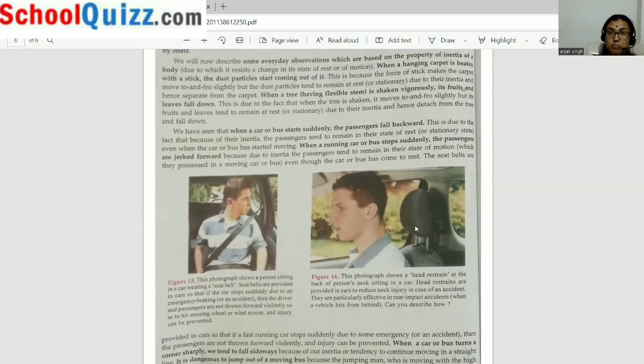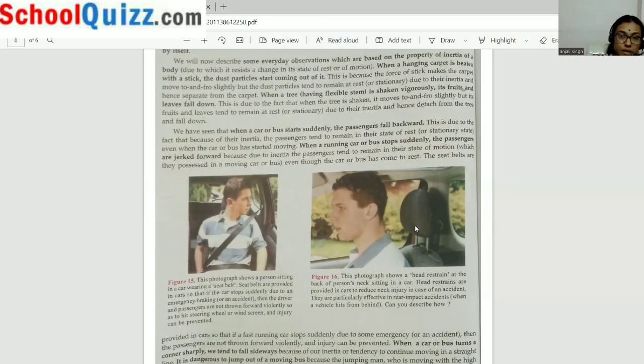You will move backward because you are at rest. When any vehicle comes to rest suddenly, we will move forward. Please keep in mind, we move forward when the vehicle stops suddenly, and we move backward when the vehicle starts.